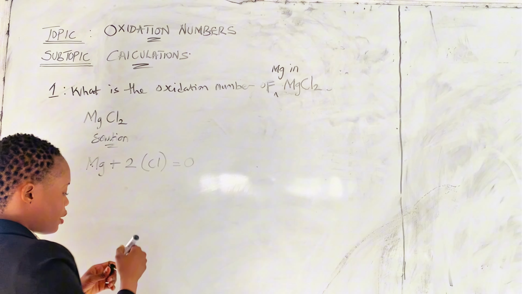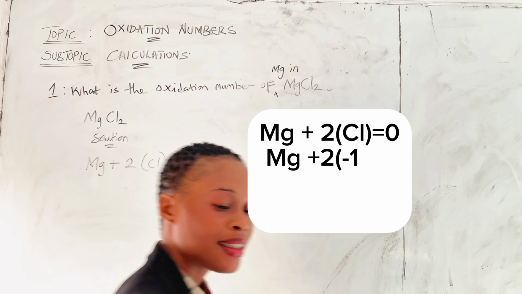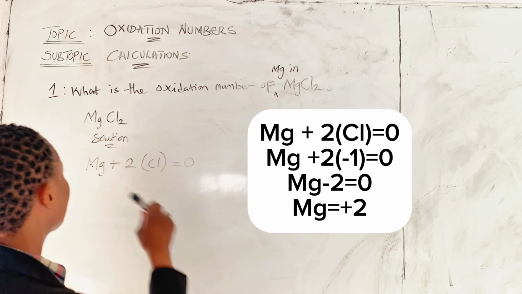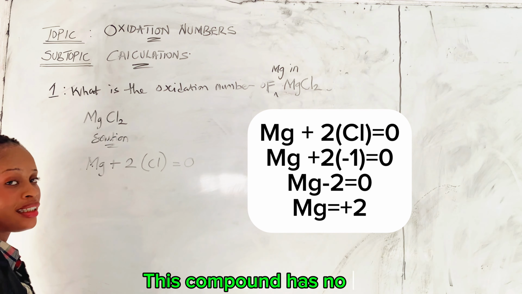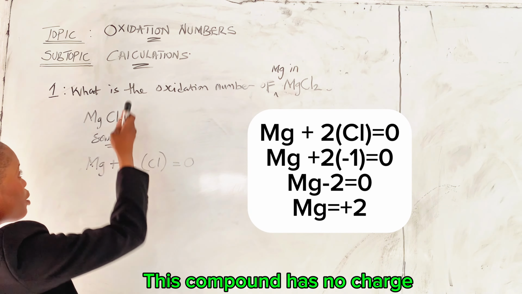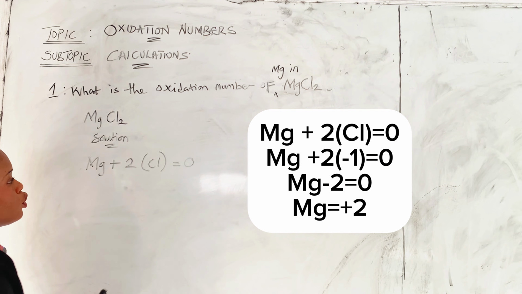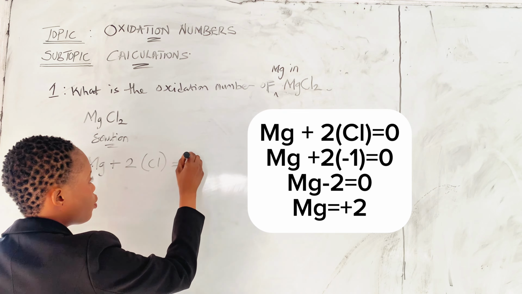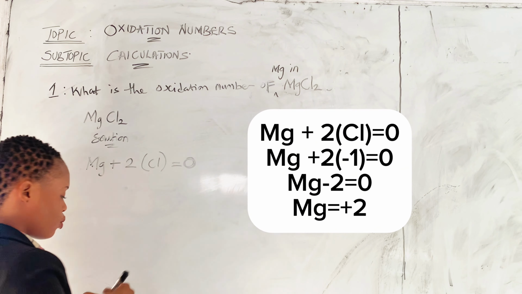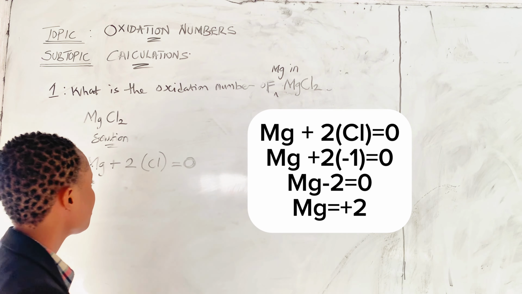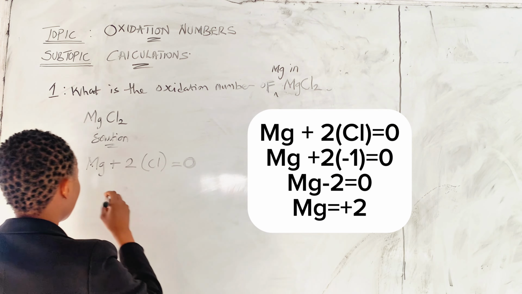to 0. Now, why is it equal to 0? It is equal to 0 because this compound does not have any positive or negative sign present. So everything you are solving for must equal 0. Okay, so that said, we can now solve.